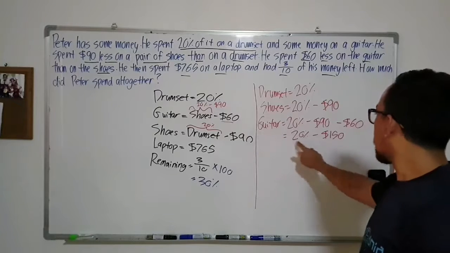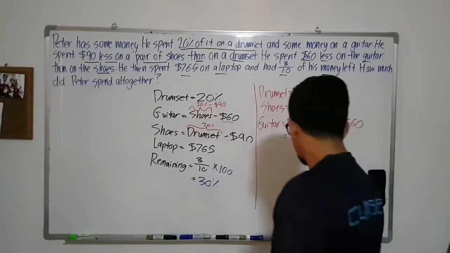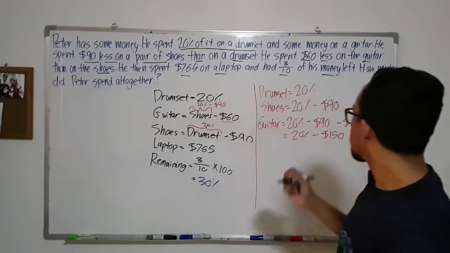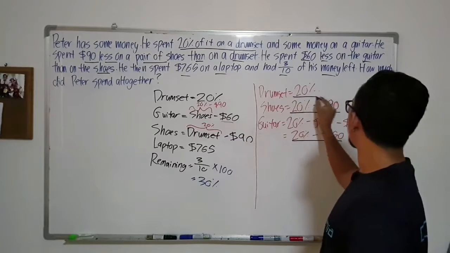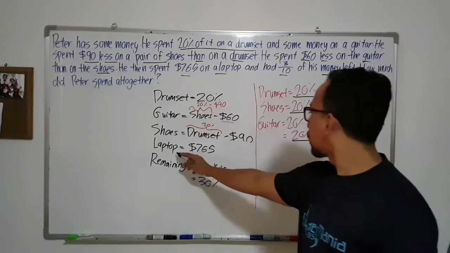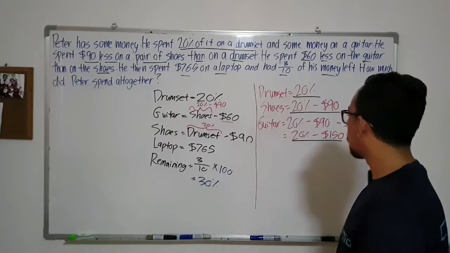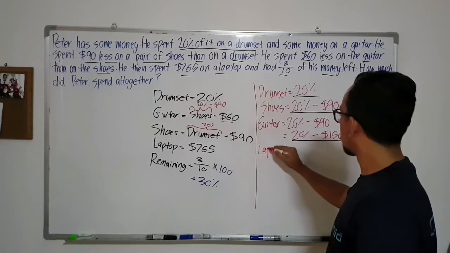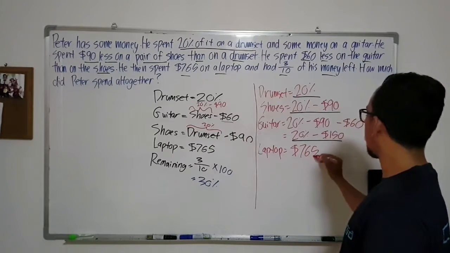So now you know the guitar will cost 20% minus $150. Alright? I suggest that we underline all the statements here to finalize their cost. Okay? And then now you know the laptop will cost $765. Okay, so laptop will cost equals to $765.